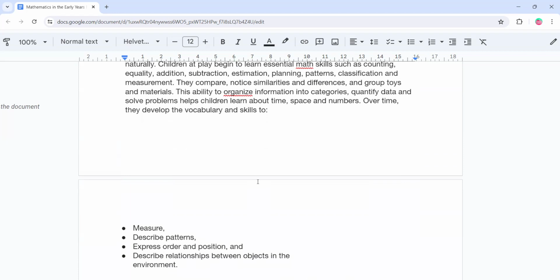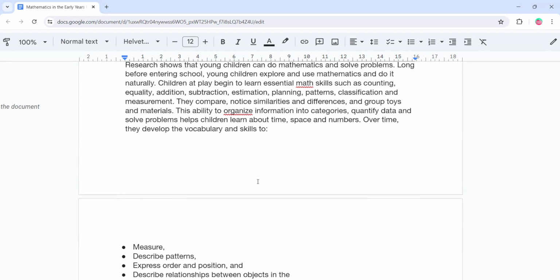So what they say is research has found that children are involved in mathematics and solve problems way before they start school.